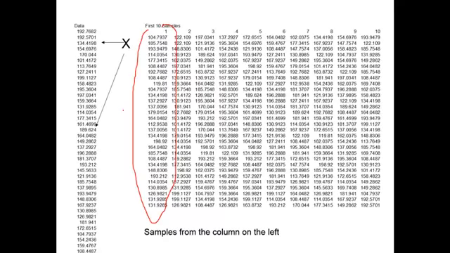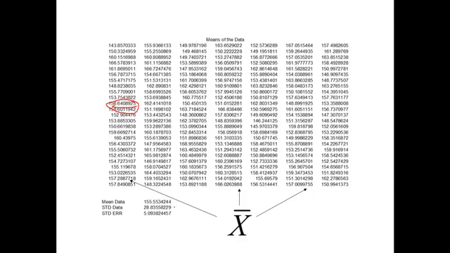So you have the samples, and this sample is in fact a member of your population, and to that member of the population you assign a particular value. The means of the samples are the values of x bar.